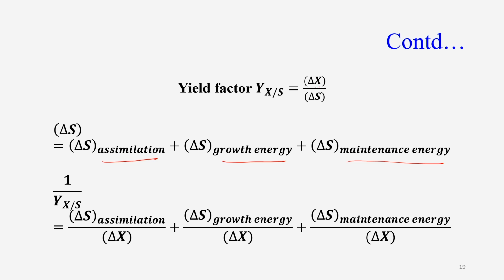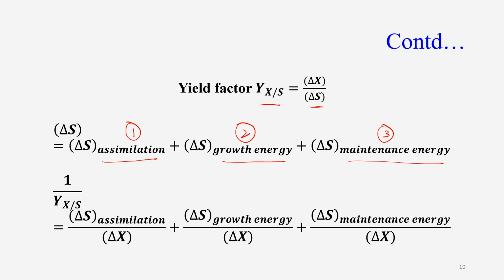So, if I define this yield Yx by S is delta x upon delta S, and what is the delta S? Delta S is being used at three different places. One is assimilation, second as growth energy, third as a maintenance energy. So, we have to break this equation in such a way that this delta S will have three different components.